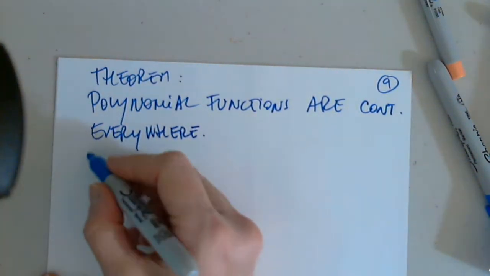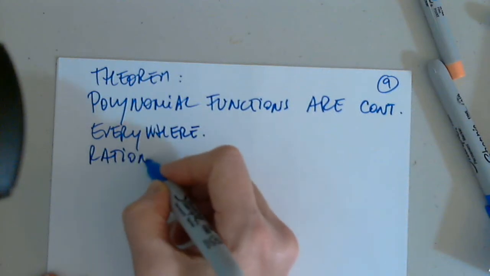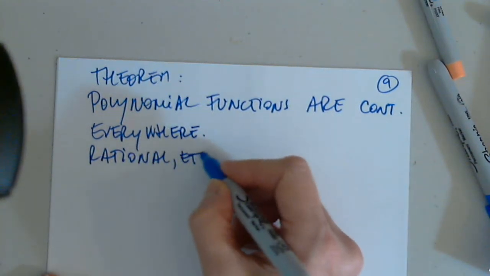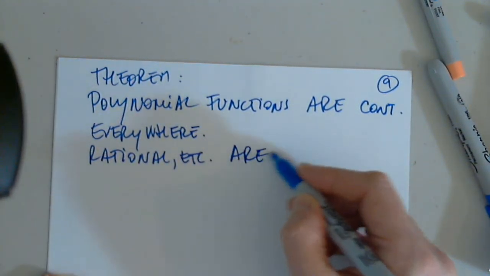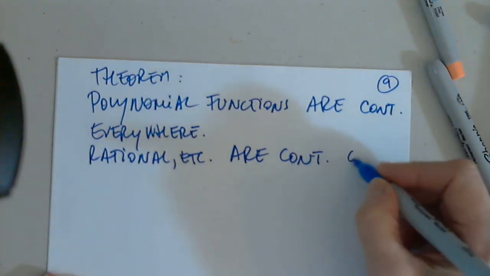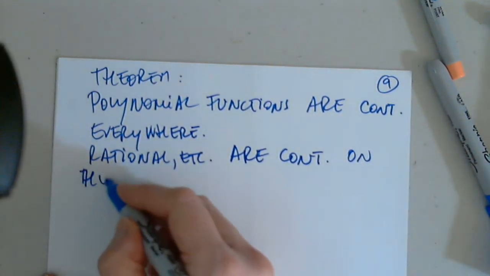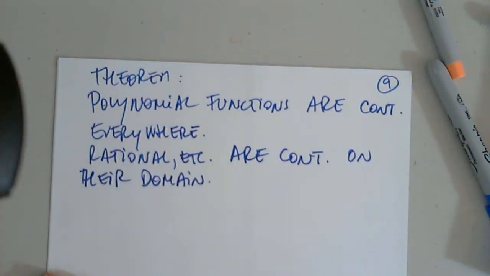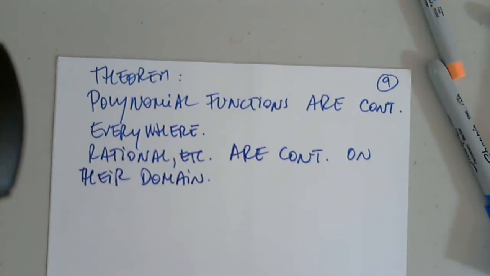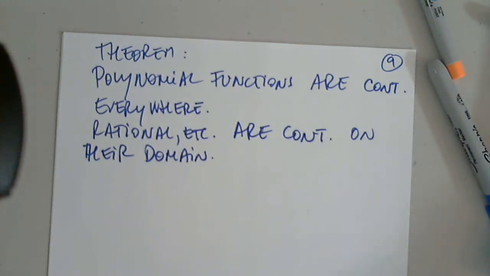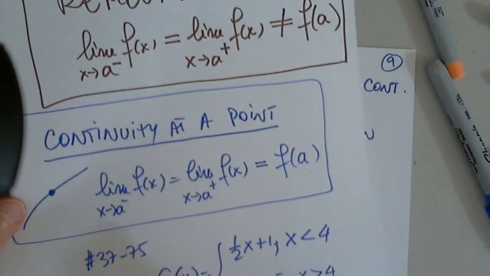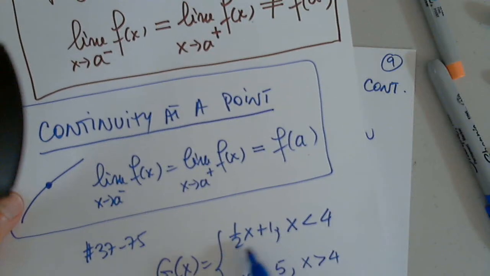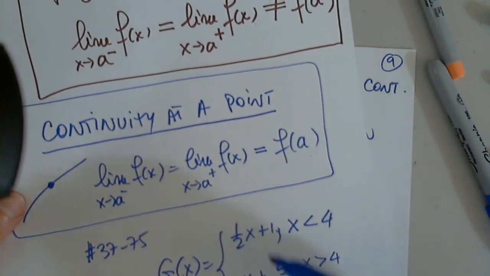The rest, rational, radical, etc., are continuous on their domain. So this is a polynomial function, linear function, this is a polynomial function. So both pieces are continuous.